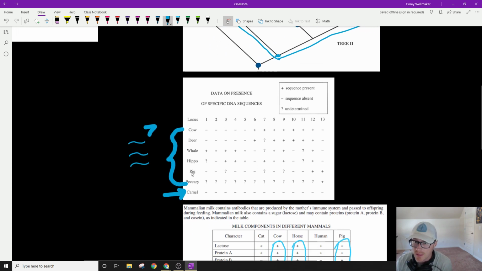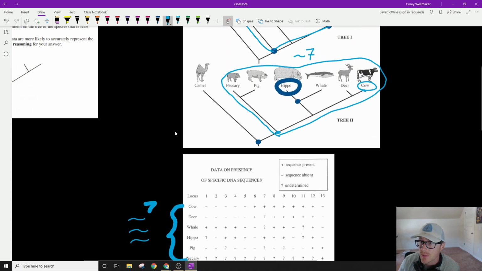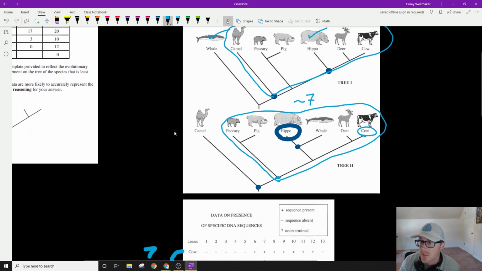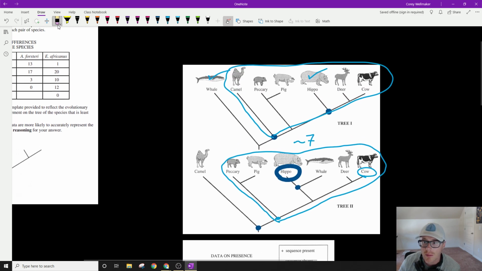And when we compare, let's see, there should be more differences between deer and cow.